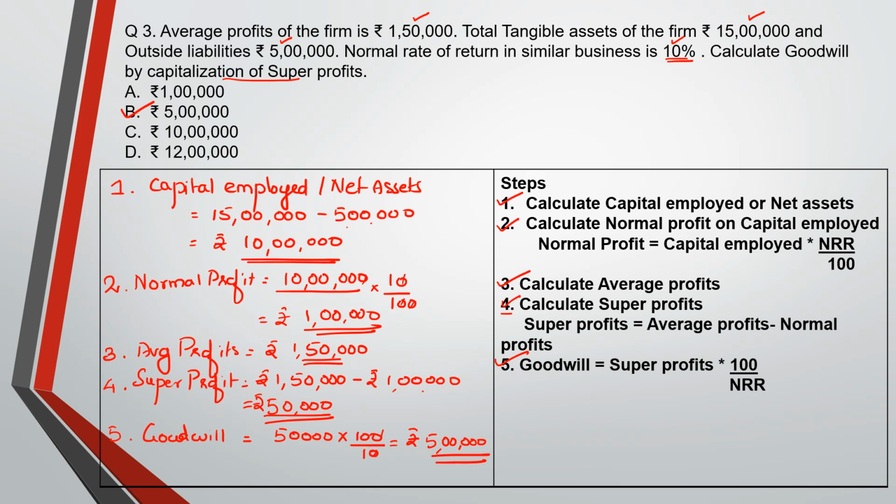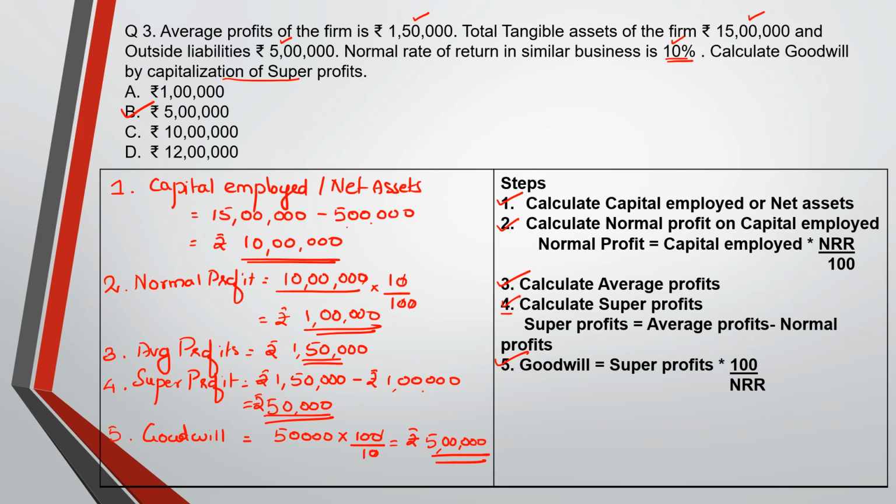But because this is capitalized super profit, the goodwill was super profit into 100 by normal rate of return. So if it was goodwill by the super profit method, stop at step 4, take the super profit that you've calculated multiplied by the number of years purchase given to get the goodwill by the super profits method.